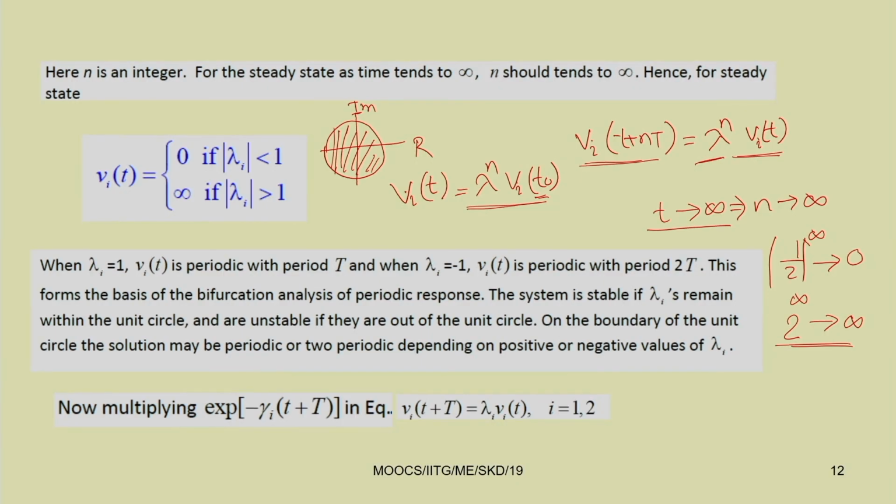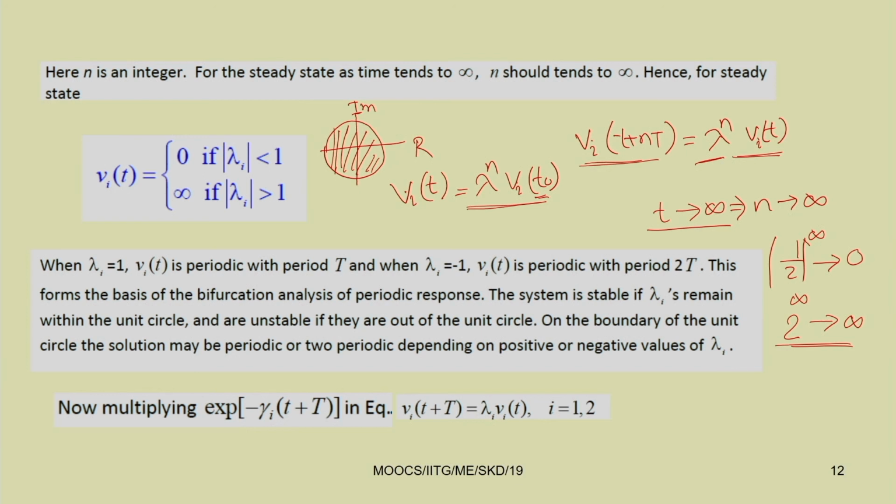So, when λ_i equals 1, V_i(t) is periodic with period T, and if λ_i equals minus 1, V_i is periodic with period 2T.